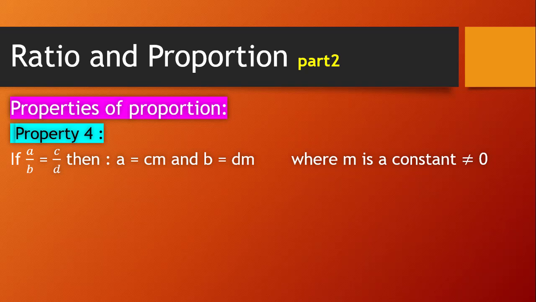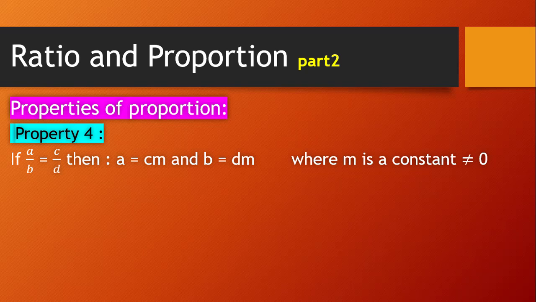Also, we have the fourth property. In this case, a and b, c and d are four proportional quantities. Then I can write that a equals cm, and b equals dm.